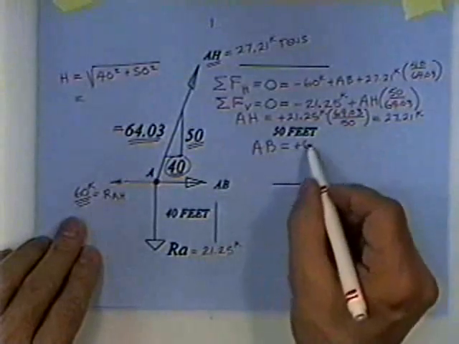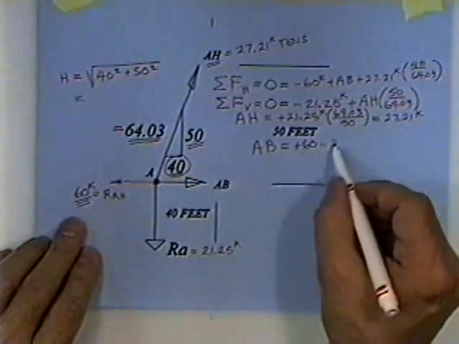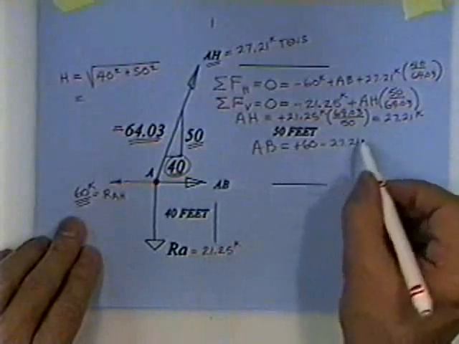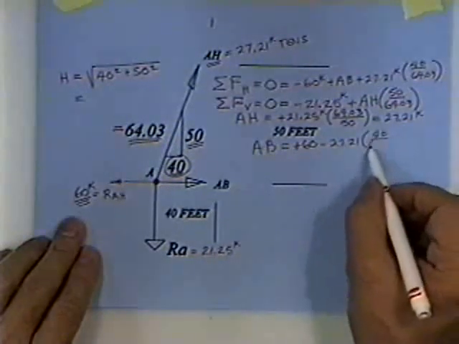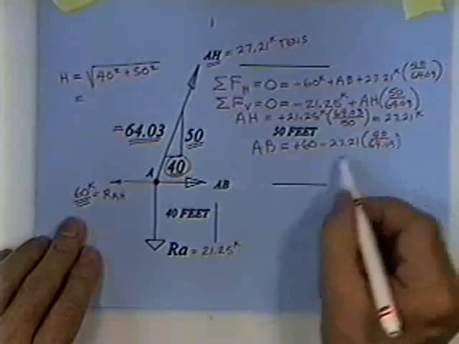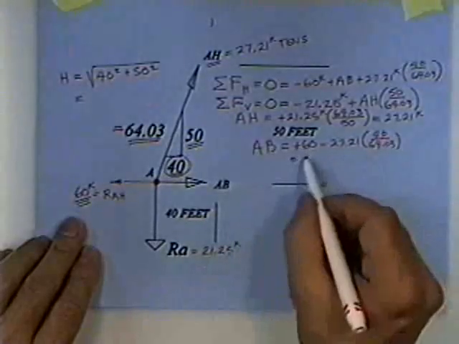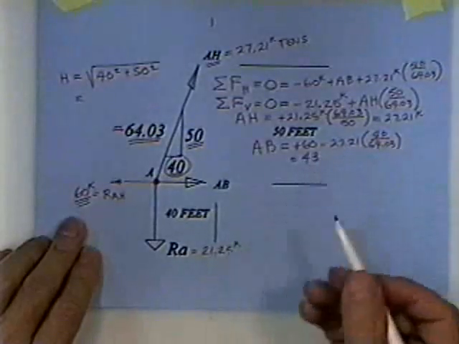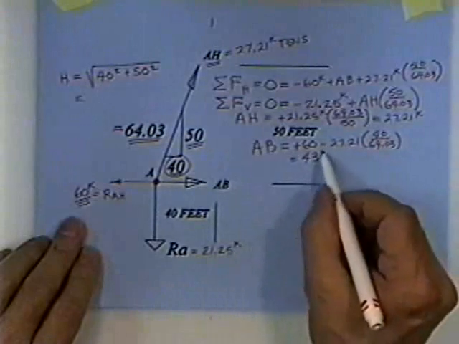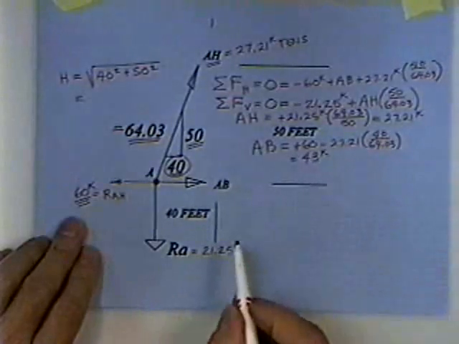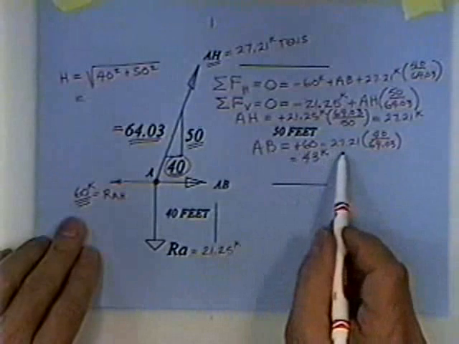AB is equal to plus 60 minus 27.21 times 40 over 64.03, which is equal to 43.00. Okay, not enough to count. 43 kips. Did you get a plus sign for this answer? Is that what you got?